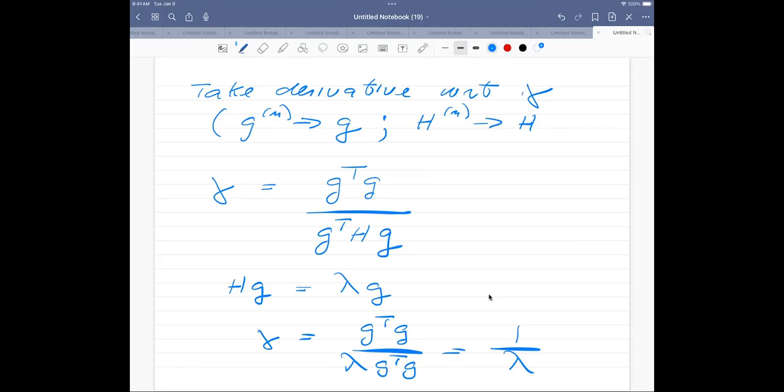But now keep in mind that this approach here is not the best one, because H, the matrix H, can be a monster matrix. So if this is a 1,000 times 1,000 matrix, you would have to diagonalize a 1,000 by 1,000 matrix every iteration. You see that? And this is something you would like to avoid.